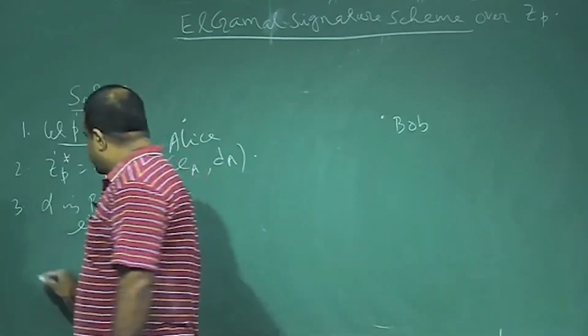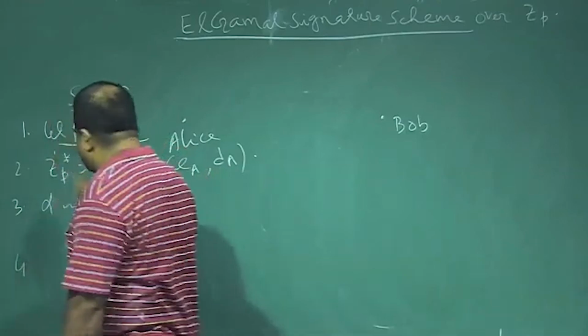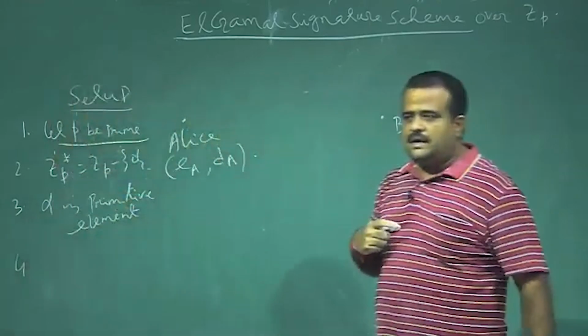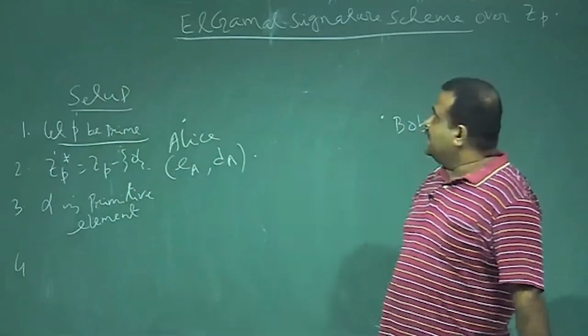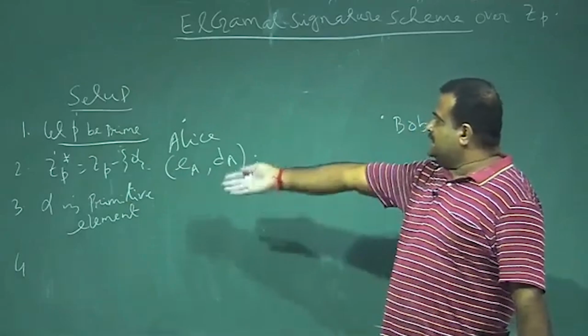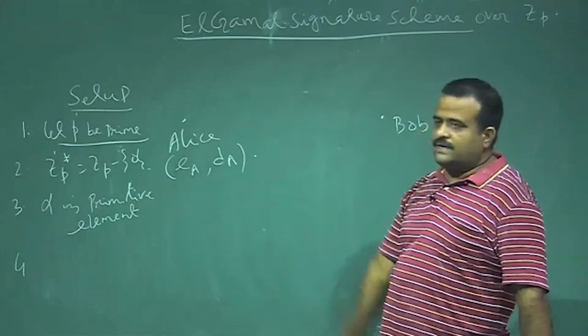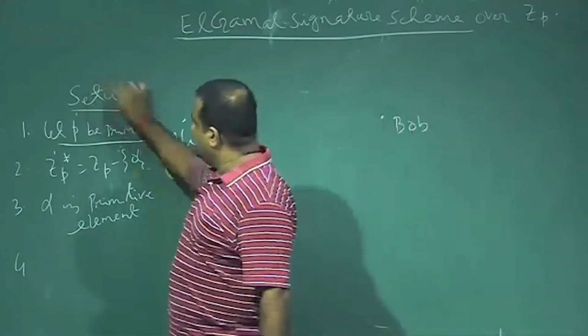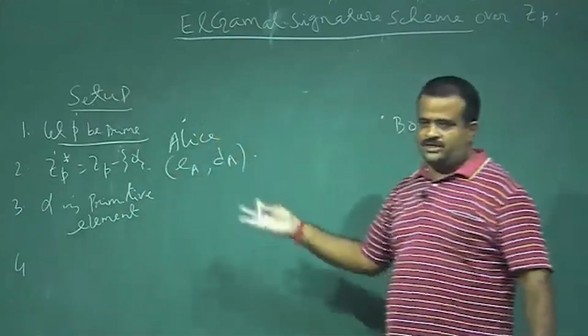Now, Alice chooses a secret. This is the key generation phase of the Elgamal cryptosystem, and this setup phase has to be run by Alice, because Alice wants to sign the message.